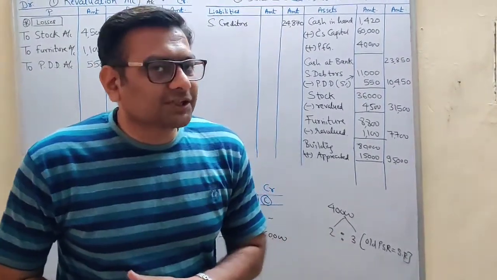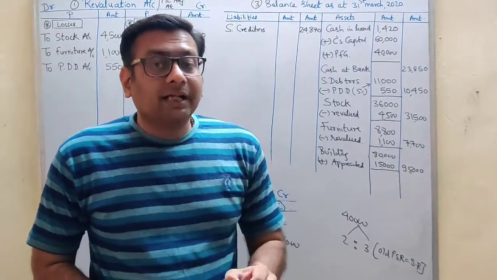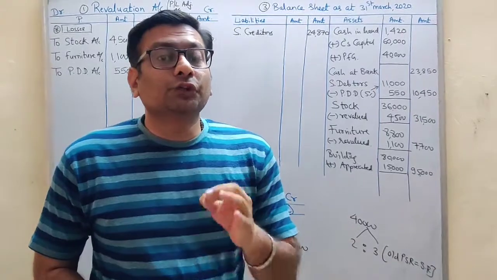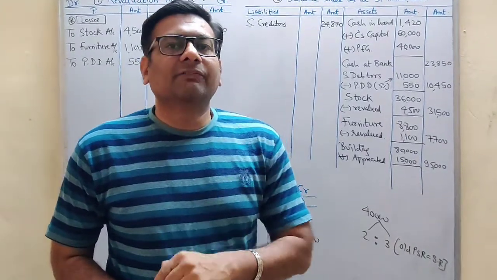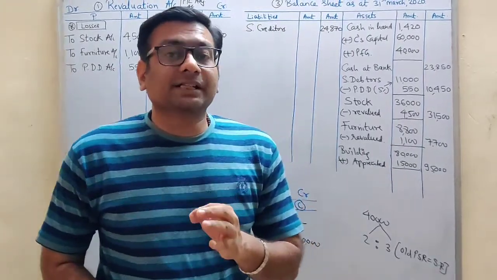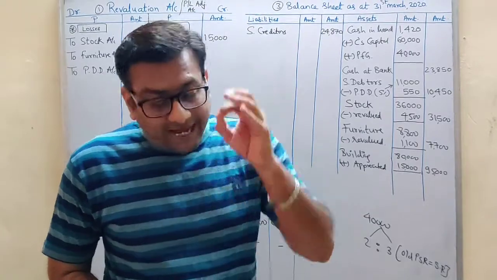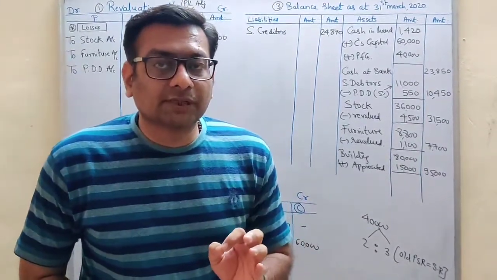Am I clear with the instruction? And what if in the question they have given you the new PSR? Then yes, definitely you will have to calculate the sacrificing ratio. If the new PSR is given in the question, you have to calculate the sacrificing ratio. Have you taken a note of this?